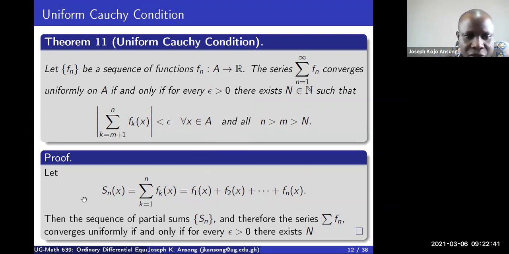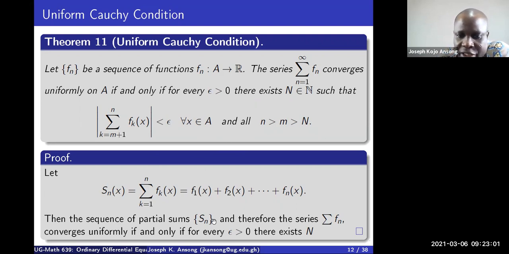Okay, so let's define a partial sum S_n(x) to be equal to this, the sum from 1 to n of this. So we get this. Basically, what we're going to do here is rewrite this theorem in terms of partial sums, and then we'll prove it from there.